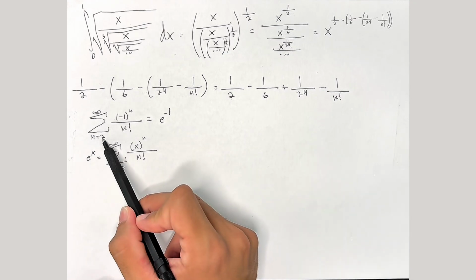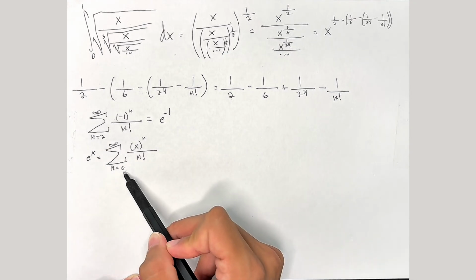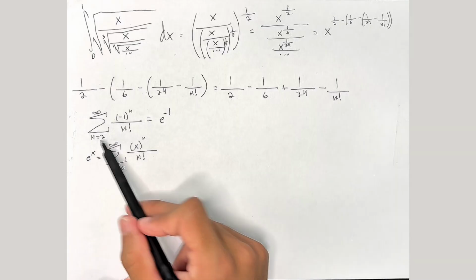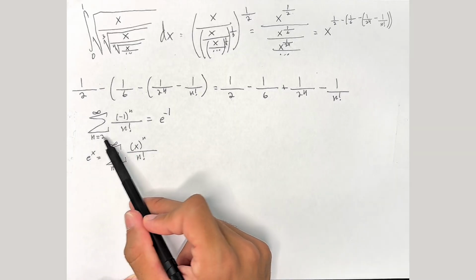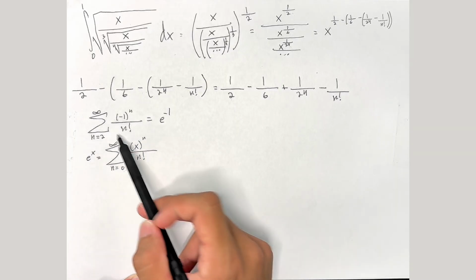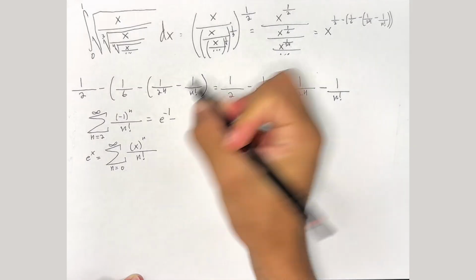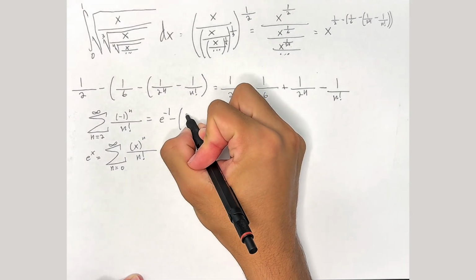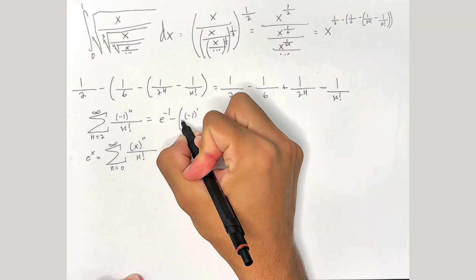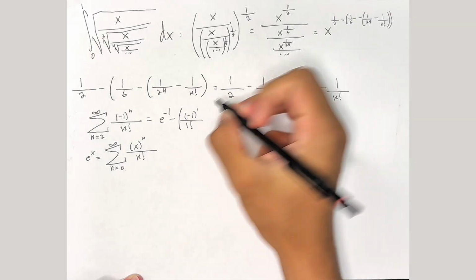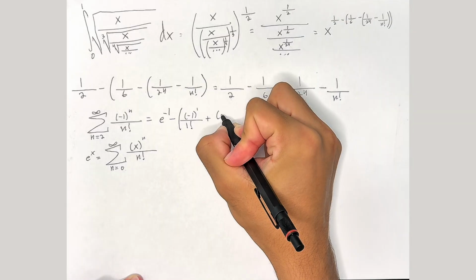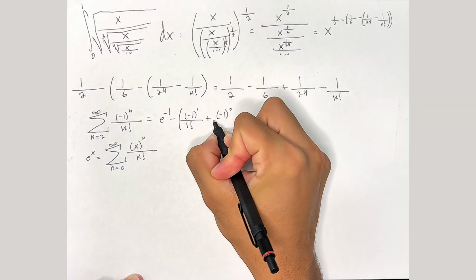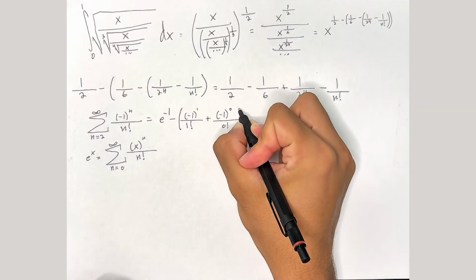But this series here starts at n equals 2, whereas this series starts at n equals 0. So we have to subtract the first and the 0th term from this series. So we get minus the first term, which should be -1 to the 1st power over 1 factorial, plus -1 to the 0th power over 0 factorial.